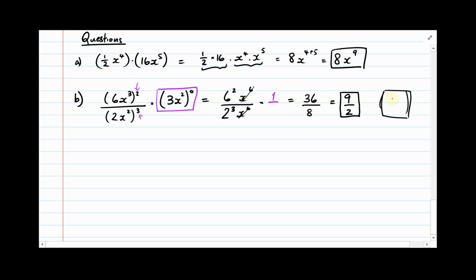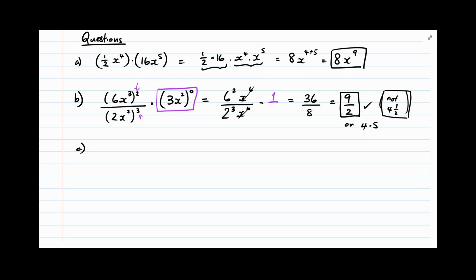So not 4.5. All right, so 9/2 is the best answer. 4.5 is acceptable, but we have fractions, so leave it in fraction form. It's much easier for us to look at.